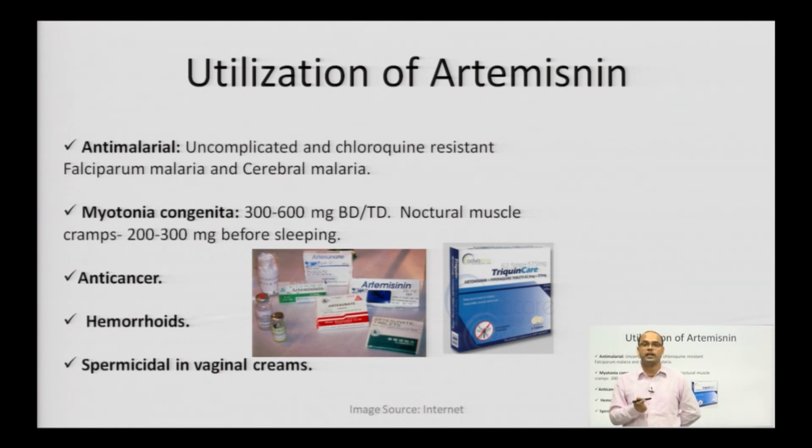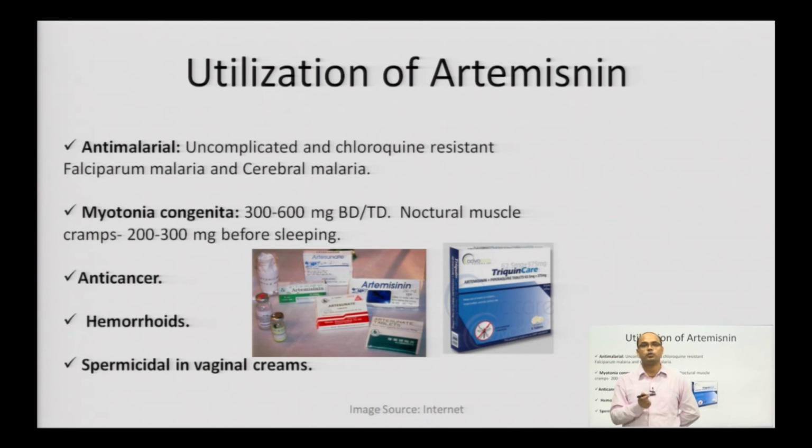So, this drug is a drug of choice when your malaria is resistant to chloroquine and the complications are not much there. For malaria, the dose for artemisinin is about 300 to 600 mg twice a day or thrice a day.